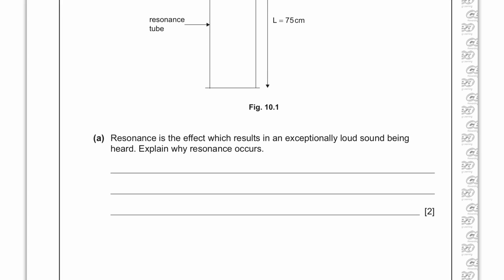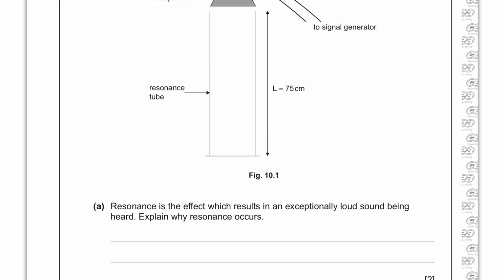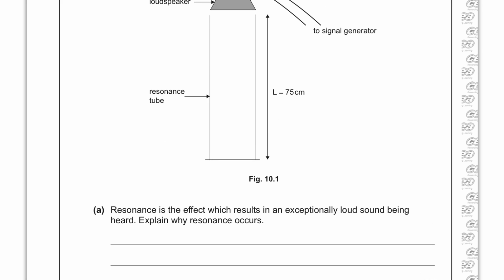And then it says, resonance is the effect which results in an exceptionally loud sound being heard. Explain why resonance occurs. Remember, resonance is when the frequency being produced by this equals the natural frequency of this tube.